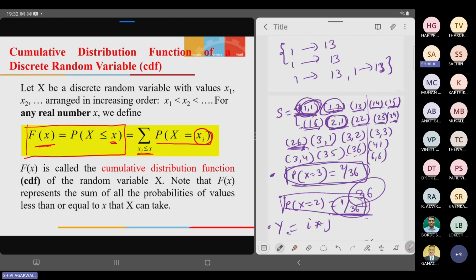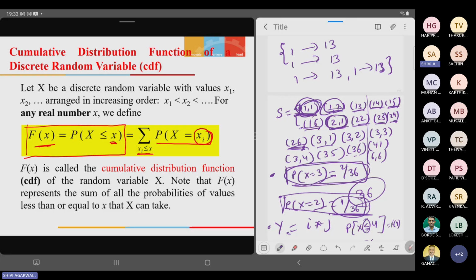For example, we have found probabilities at x equal to 2, x equal to 3. Now I am finding the probability when x is less than or equal to 4. How will you do it? When x is equal to 2 plus x is equal to 3 plus x is equal to 4. Got it? Less than or equal to 4, that is F(4), the CDF.